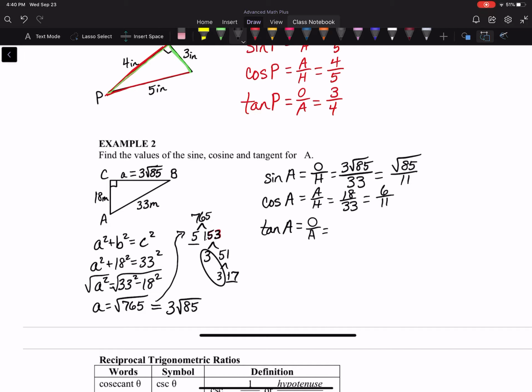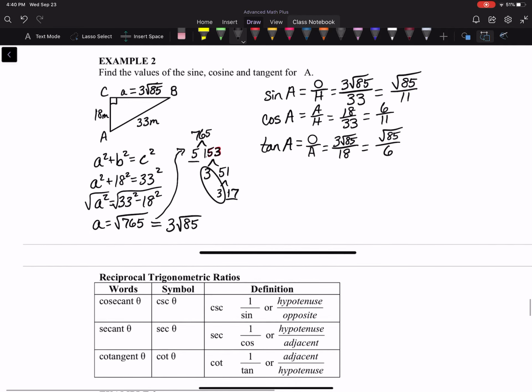So the opposite side is 3 times the square root of 85. The adjacent side is 18. And that will reduce to the square root of 85 over 6, because 3 will go into 3 one time, and 3 will go into 18 6 times. And there you go. That's the sine, cosine, and tangent of A.